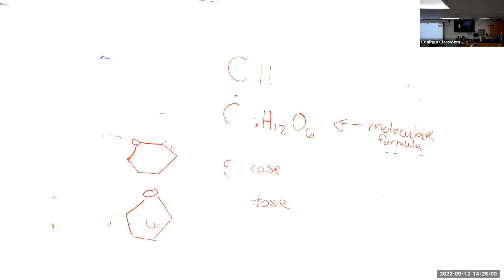So if I had a number to divide these numbers by, what would I divide them by? 6. If I divide this by 6, that gives me 1. If I divide 12 by 6, that gives me 2. And if I divide 6 by 6, 1. So my empirical formula is going to be CH2O.